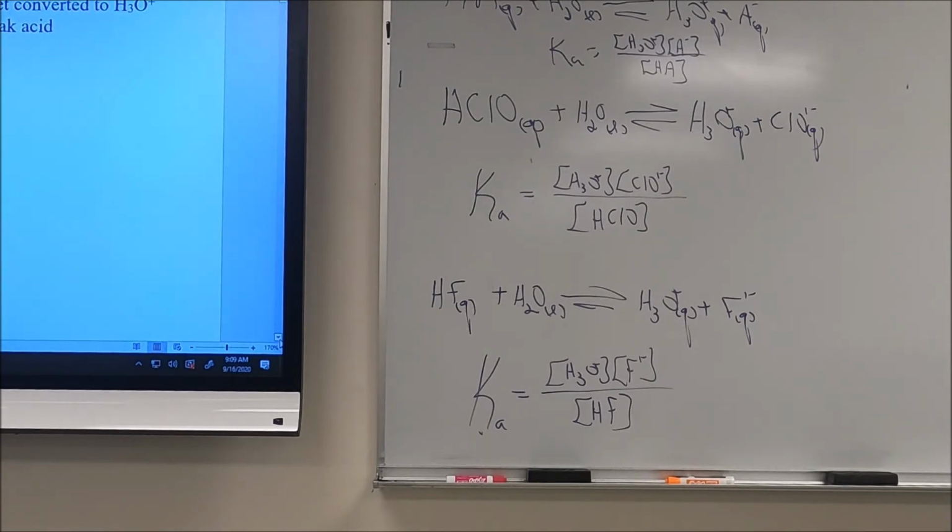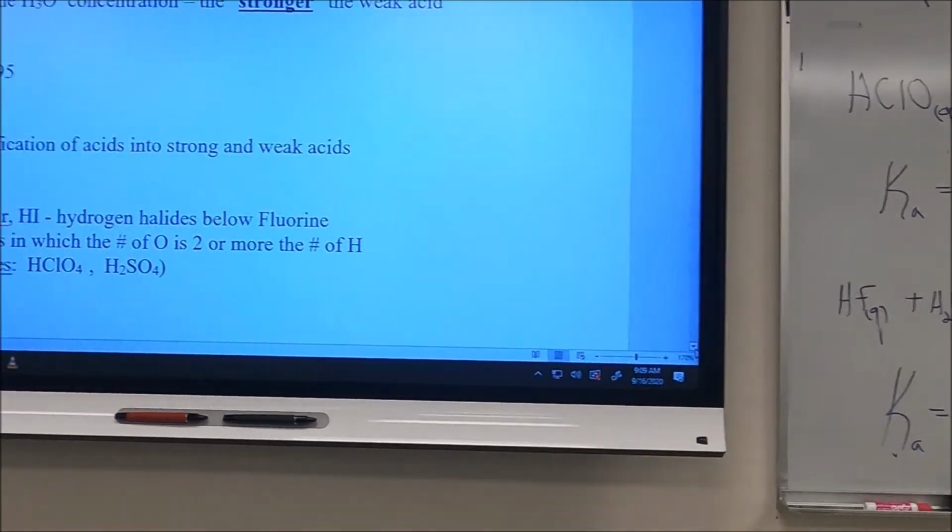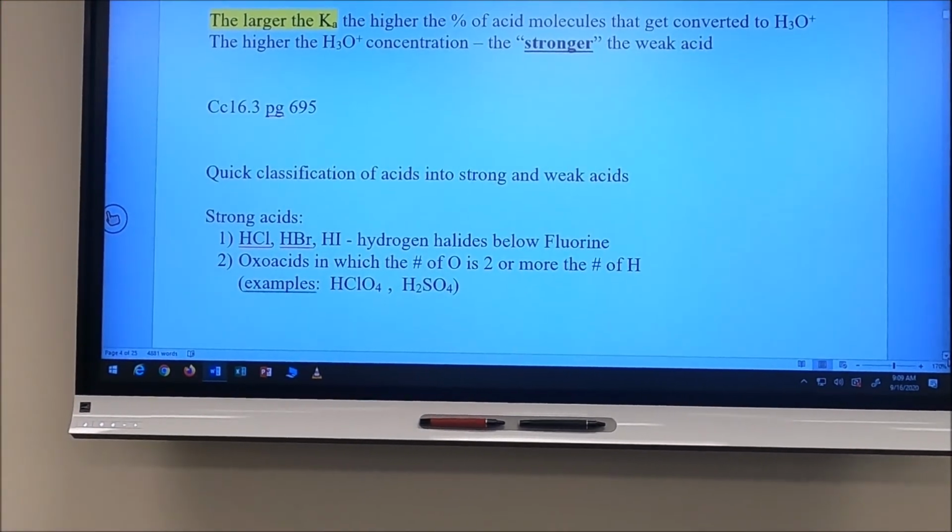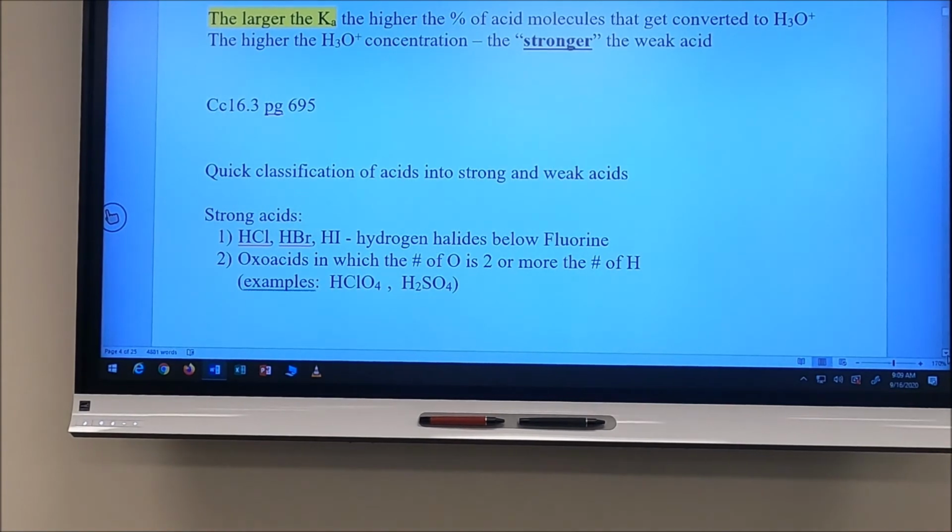Okay? Now, Kas are a window into the strength of an acid, the percentage of acid molecules that are going to be converted to hydronium ion. Okay? The stronger the weak acid, the larger its Ka is going to be.